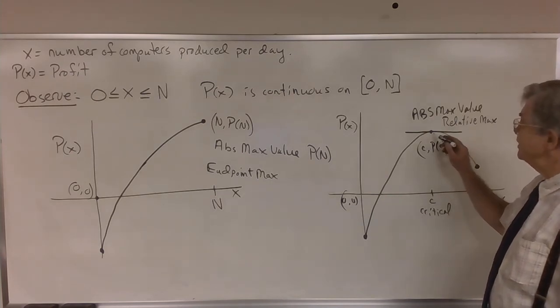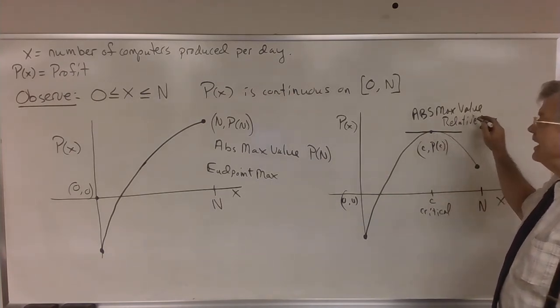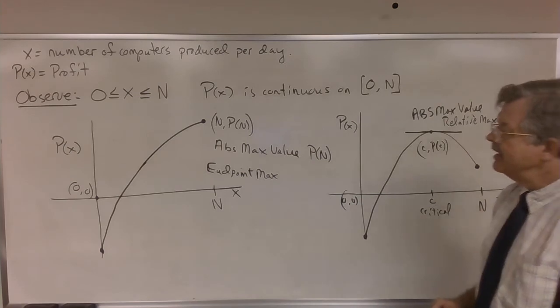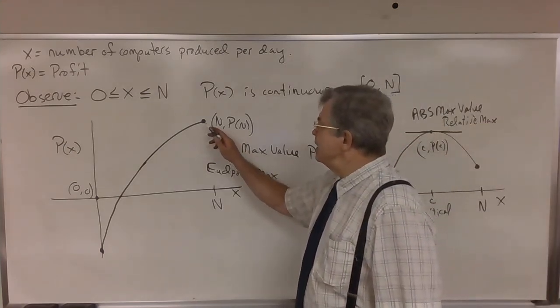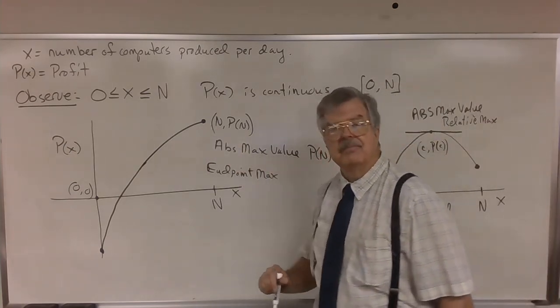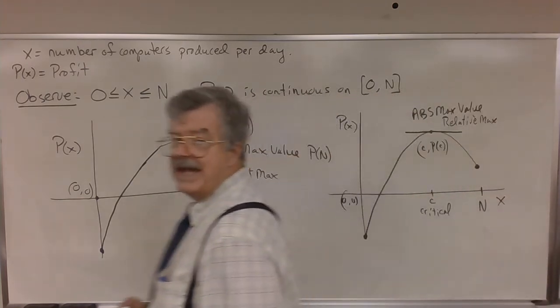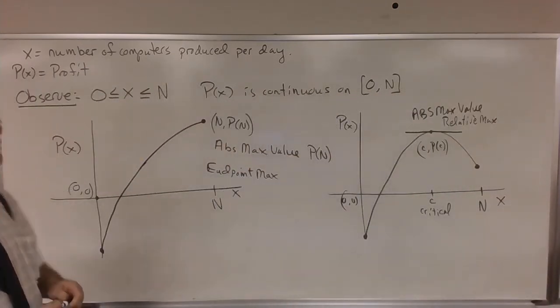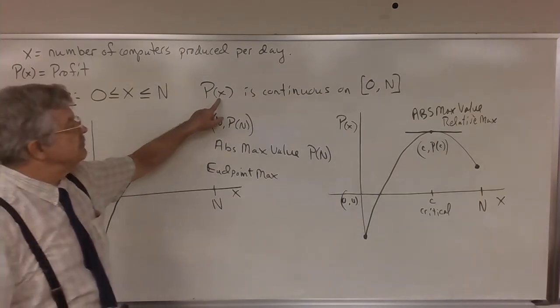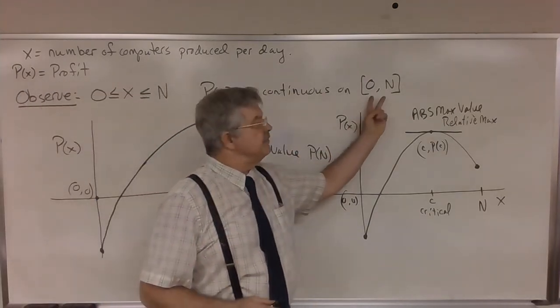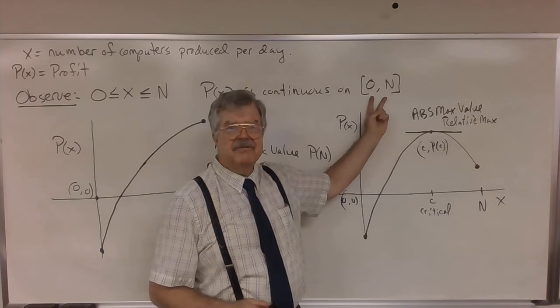Here I have a relative max, and it gives me the absolute max value. Here I have an endpoint max. It gives me the absolute max value. And note, in each of these cases, my function p of x is restricted to a closed interval of finite length.